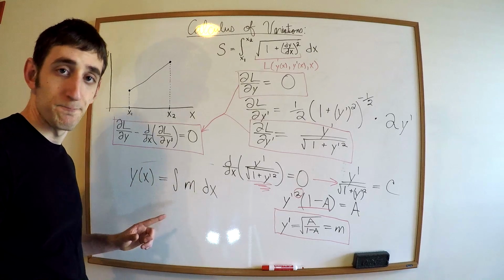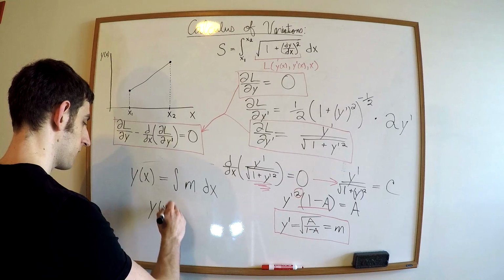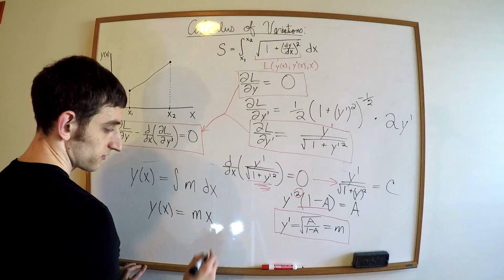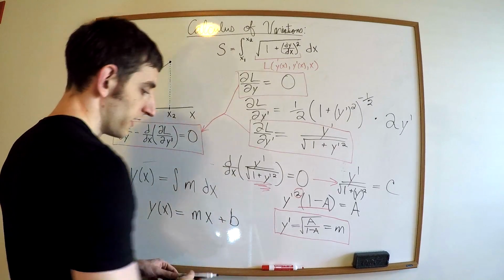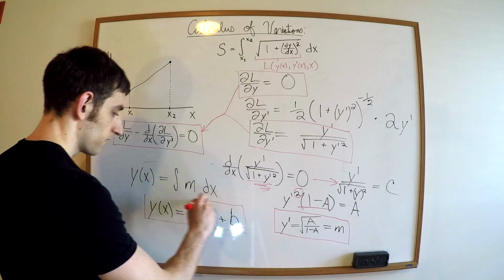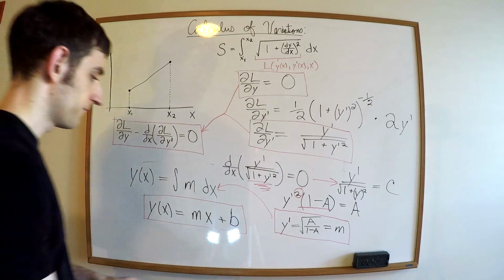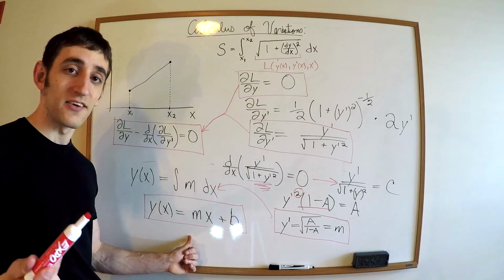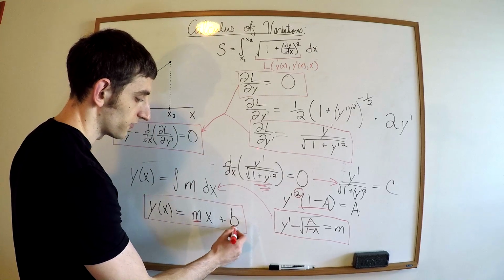When we do that, what we end up with is mx plus b. All right, now that should look really familiar to you. What we see here is that we get the equation of a line, okay? So this guy, this is our slope, and here's our y-intercept.